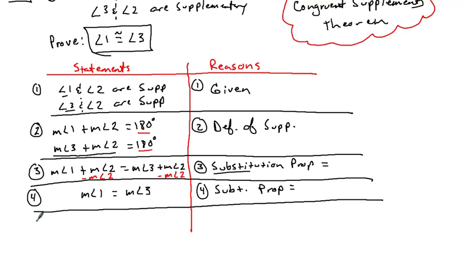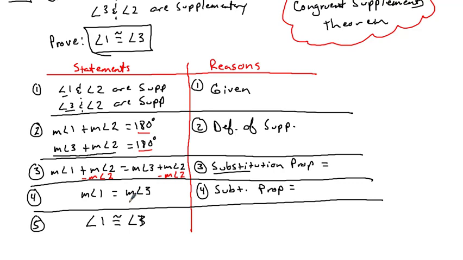I know you probably think that's done, but we have one more because it says the measures are equal, and we want to say that the angles are congruent. And remember way back when we talked about congruent versus equal, we said they pretty much mean the same thing, right? Congruent is when we're talking about the angles, and equal is when we're talking about their measurements.